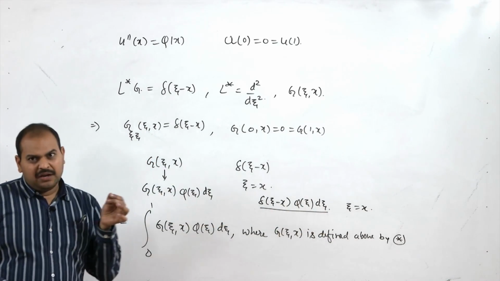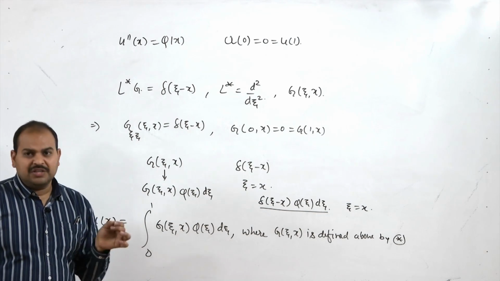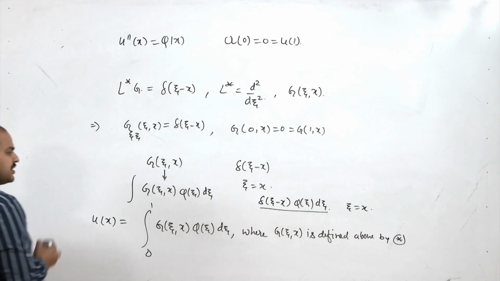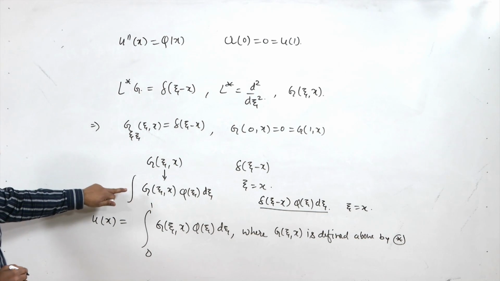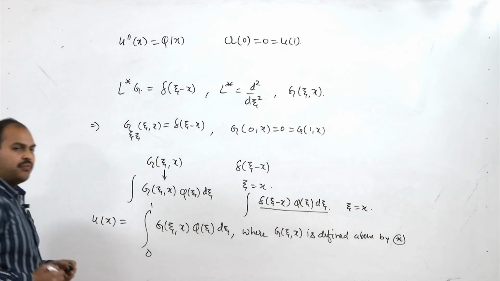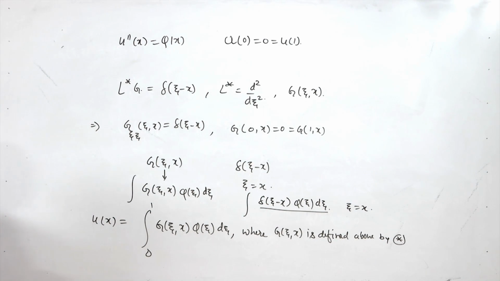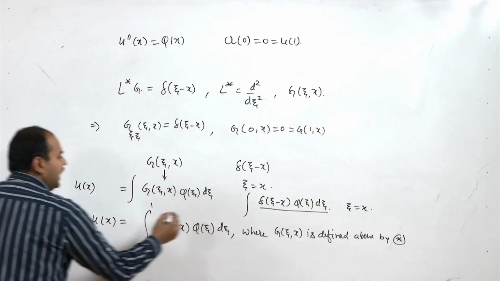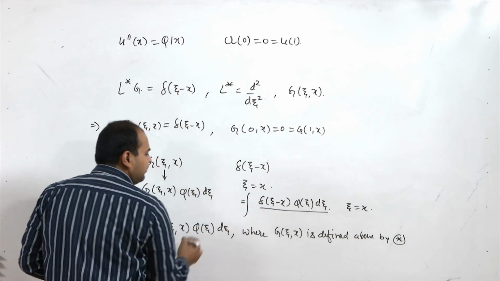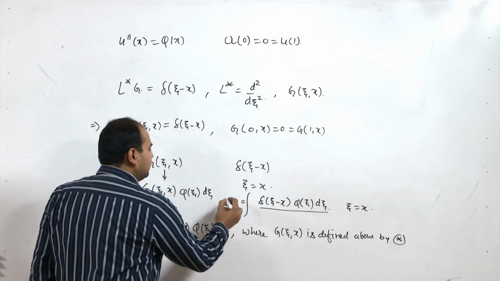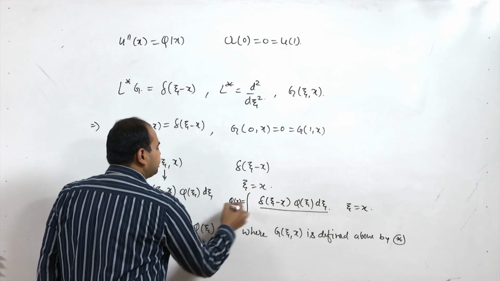Now if we vary for every point between 0 to 1, we can say that this will represent the deflection if this is the force acting on the string. So this will represent your u of x, and the force, if you apply your filtering property, is nothing but your phi of x.